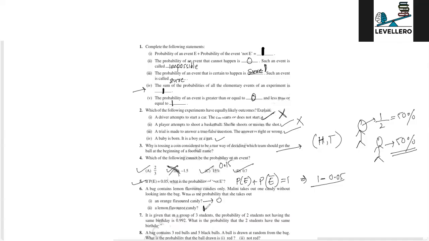Question number 7. It is given that in a group of 3 students, the probability of 2 students not having the same birthday is 0.992. Remember, this is about not having the same birthday.